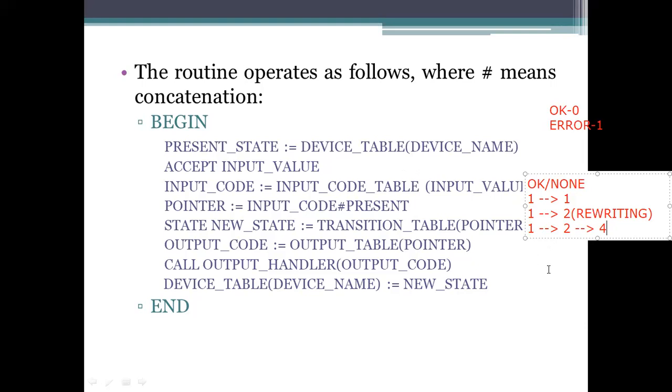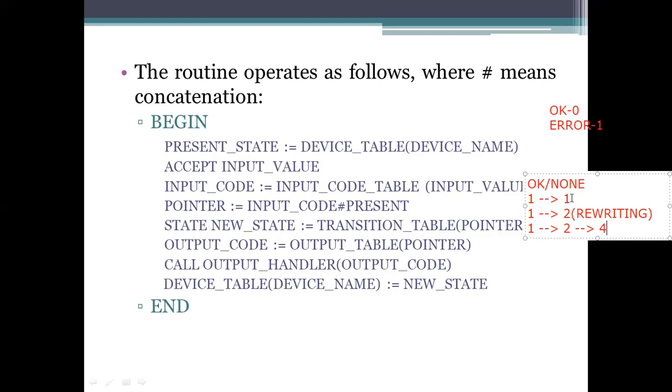Okay, so in this representation, first I have to start with the device name. This device name will have the present state, meaning the state it is at, the first state. After performing an action, it has to take a transition and we need to update the state.